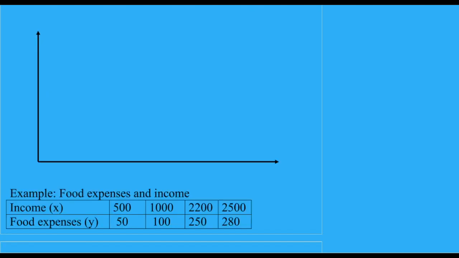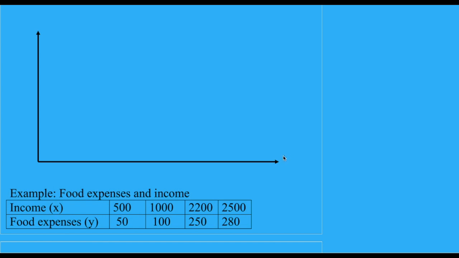So let's plot a scatter diagram. In this case, we have food expenses and income. Usually our food expenses depend on how much income we have. Because this is sample data, we use the lowercase y and x.